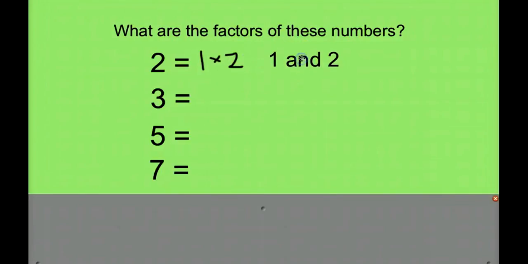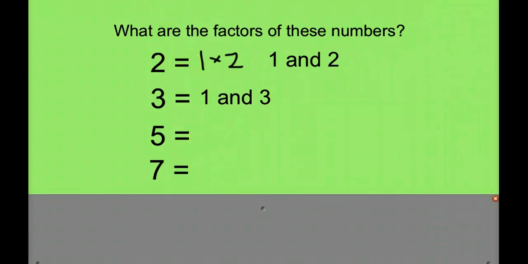So the factors of 3, there's only 2 of those as well, and I start with 1. So the factors of 3 are 1 and 3. When I try to figure out the next one, I'm thinking about 2 numbers that multiply to get 5, and there are only 2.